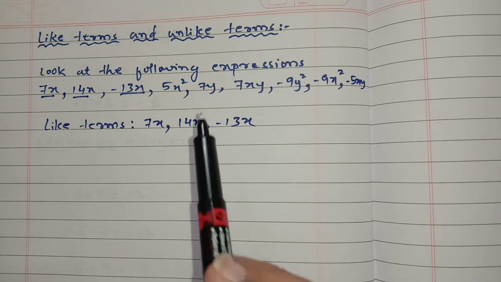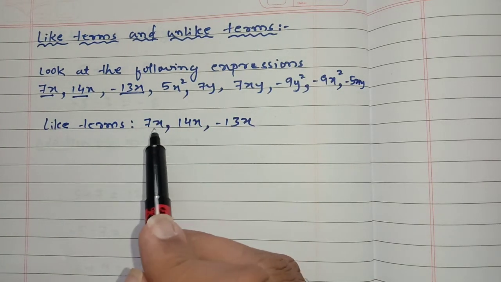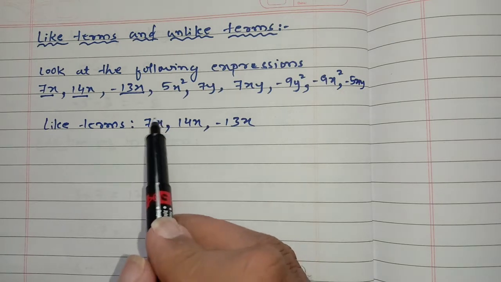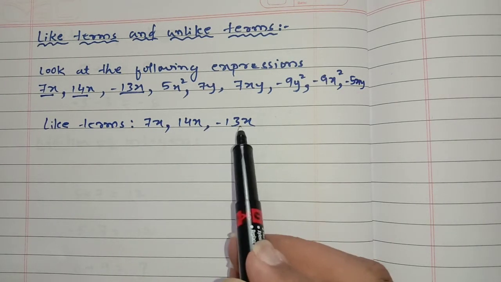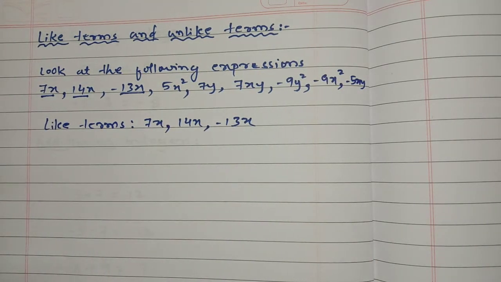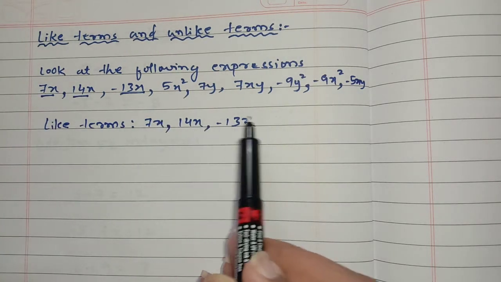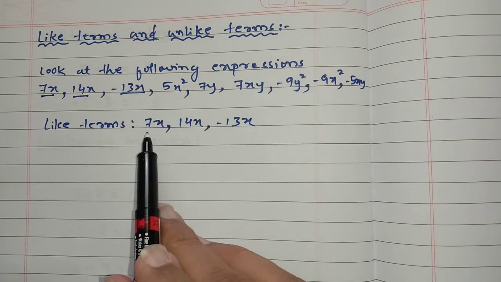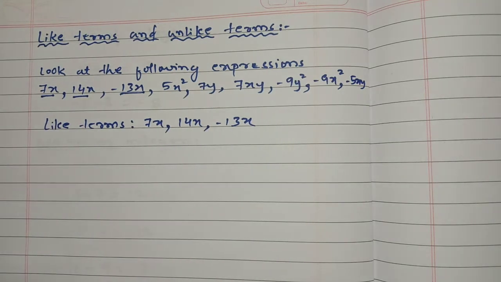See here, all these three expressions have variable as x, and also we have to note the power of the variable is also the same. That's why these three are like terms.